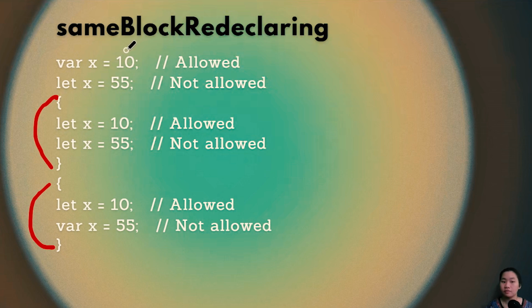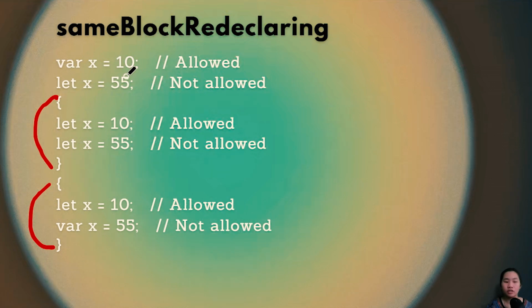So let's not consider the second part. Let's just deal with the first part. X equals to 10 and X is declared by var. This is okay. That is allowed. And if you redeclare X again using the let keyword, that's okay as well. And then if you declare it again in another block scope using let, that's also okay. Just make sure if X here is 10 and X here is 20, this is 20 and this is 10.